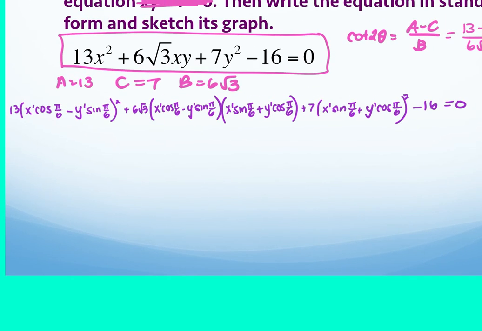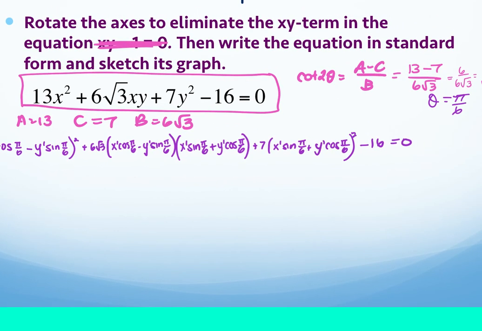There's two things I want to do now. I want to replace the values of cosine and sine. I'm going to drop the primes, bring them back, and put the value on the front of the variable. Those three things I do in that same step. So at pi over 6, what's your coordinate point? Square root 3 over 2 and 1/2. So my cosine is the square root 3 over 2, and the sine is the 1/2.